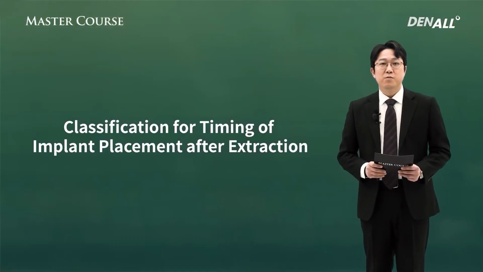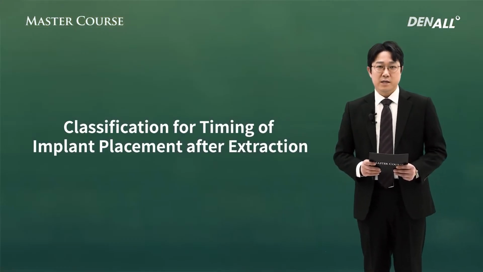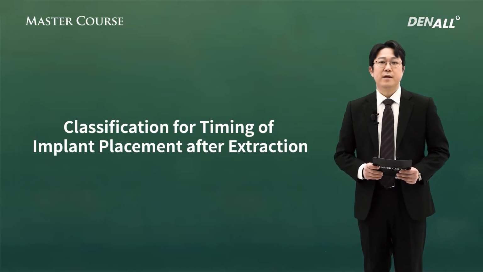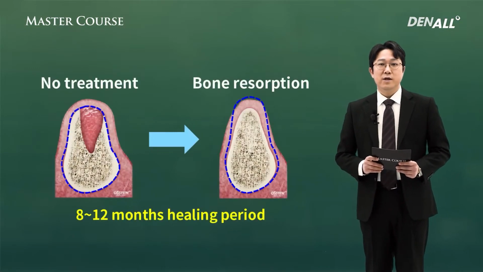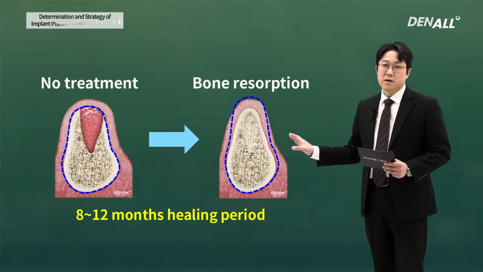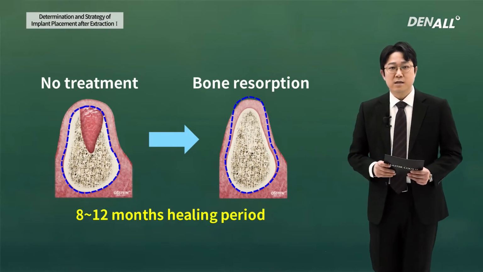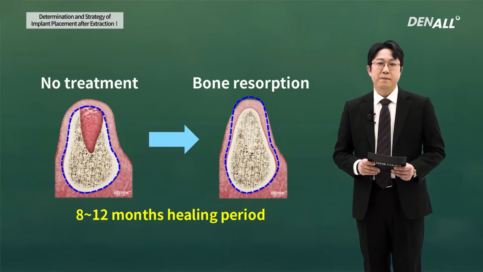First, let's look at when you're going to place the implant after extraction. In the early days, after extraction, people thought an 8 to 12-month healing period was necessary to place the implant.